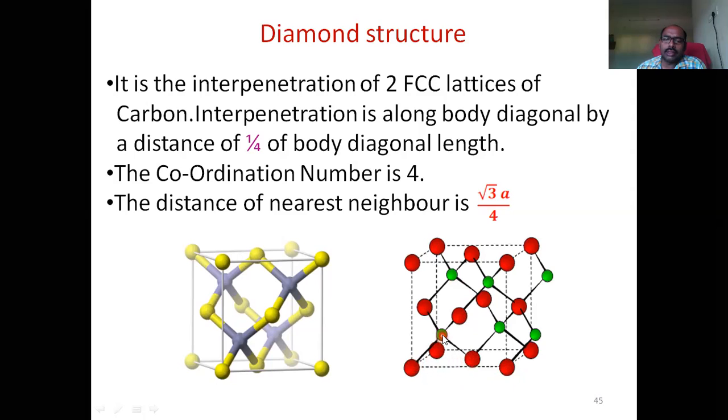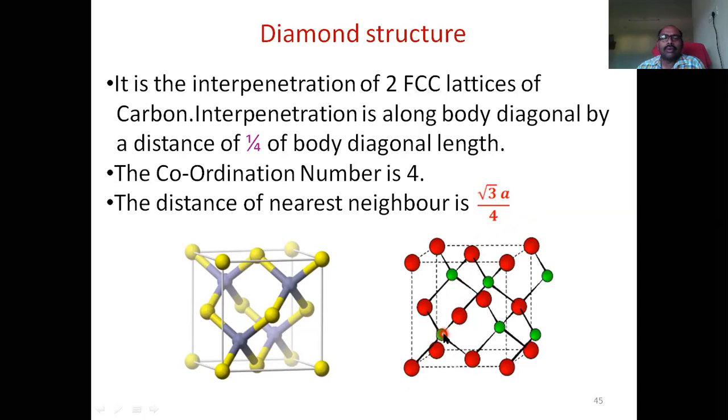And this distance is 1 by 4 of the body diagonal, given here as root 3 by 4, that means 1.732 by 4, we get 0.433. This distance is 0.433a. Therefore, it is the shortest distance.